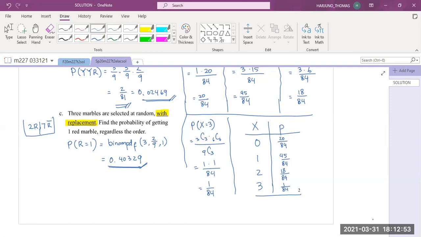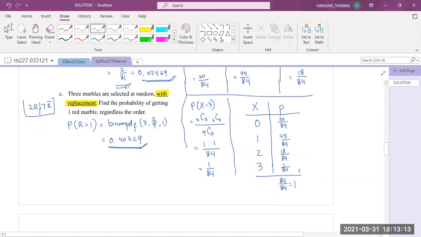When I add this, I get 84 over 84. So it is now a probability distribution. That's how I'm done with my page 2. We did this similar question before, okay? So you know you will have this kind of question in your test.